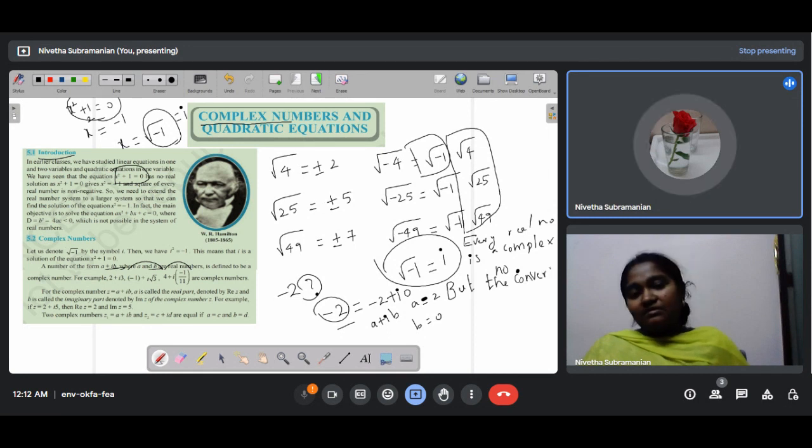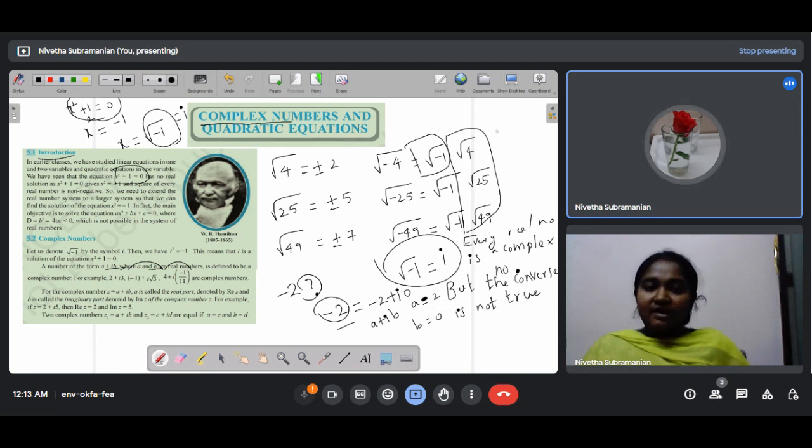Converse means every complex number may not be a real number. Because if I take 2 plus i into 3, that is of the form a plus ib, it is a complex number. Is it a real number? No, because a real number should contain only the real part. It should not have any imaginary part.